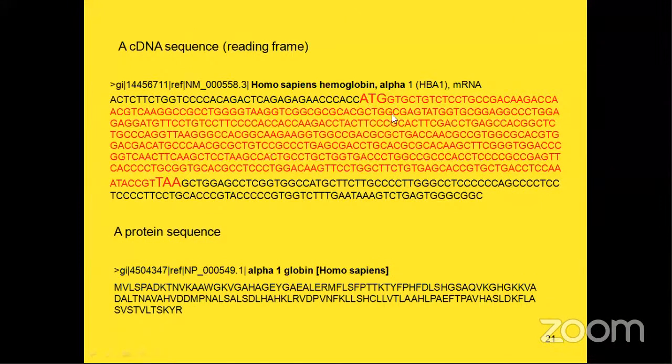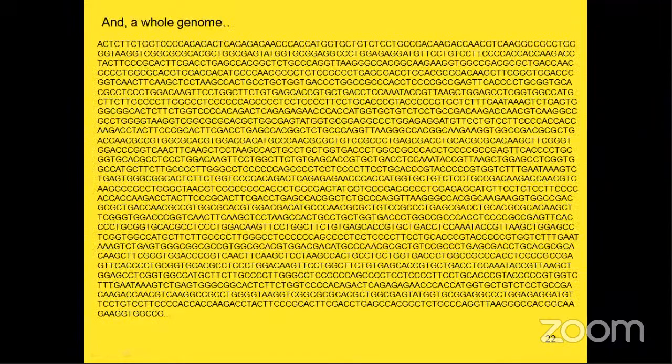This is the start codon, this is the stop codon. And using this entire sequence, the entire reading frame, this protein is obtained, the amino acid sequence. This is the sequence of the whole genome.